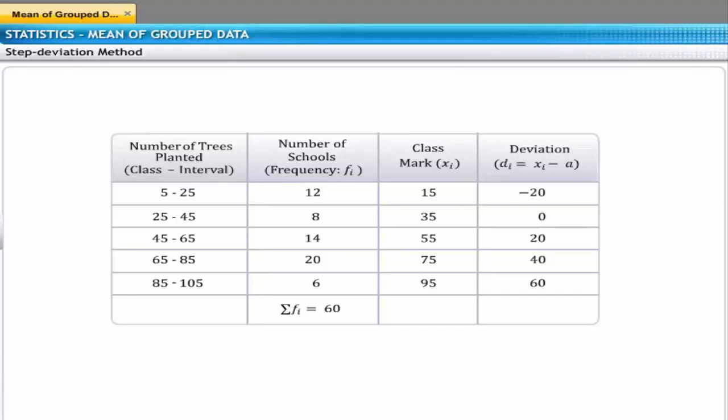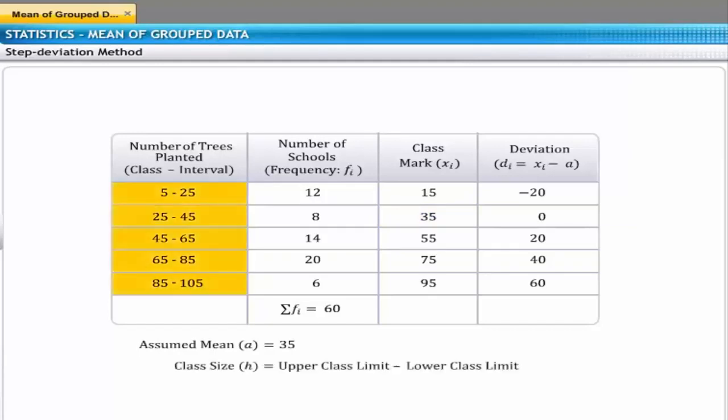We'll rework from here using a different approach. Observe the class intervals in this table carefully. Note that the class size for all the class intervals is 20. The class size is the difference between the upper class limit and the lower class limit. It is denoted by the letter h.